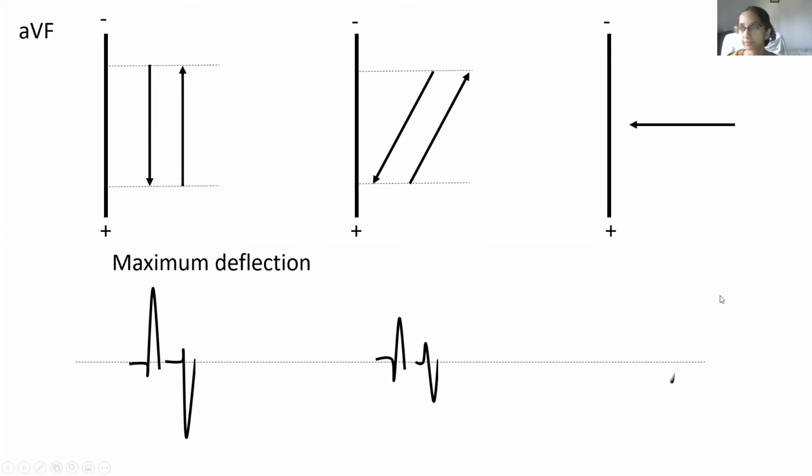If I have an equiphasic wave, then I know that it's perpendicular to AVF. And if I have it in between, a mixture, then I know that it's somewhere in a slanting direction. It can be partly positive, or it can be a dominant negative.